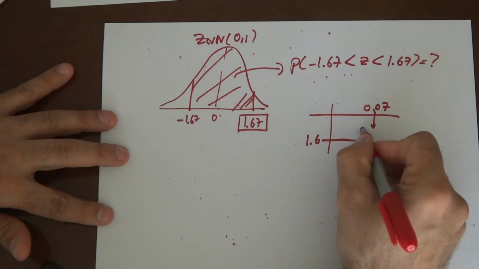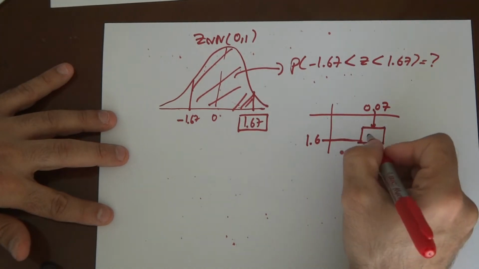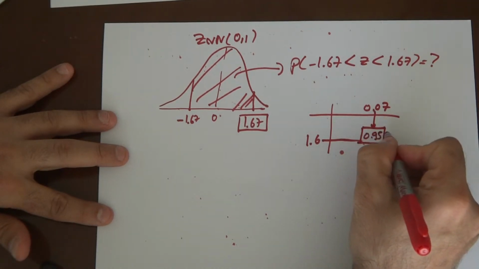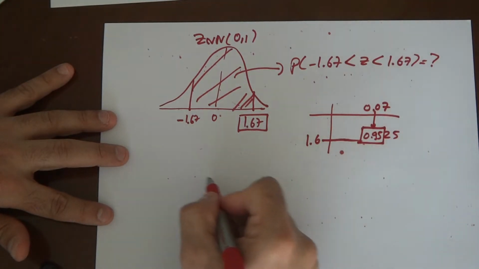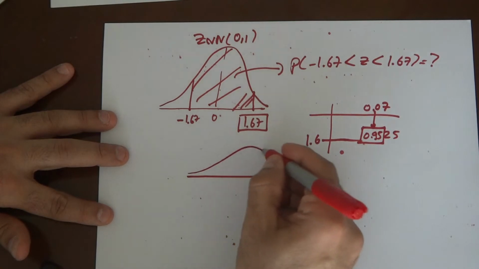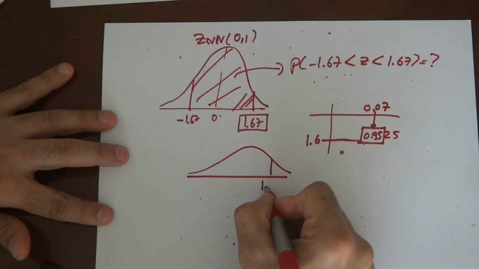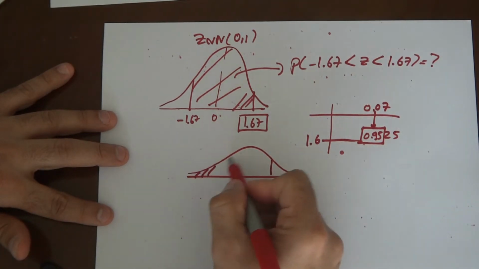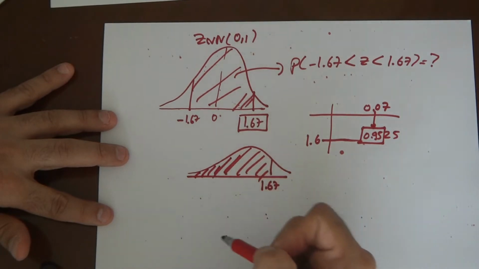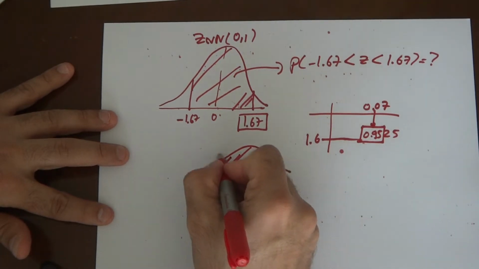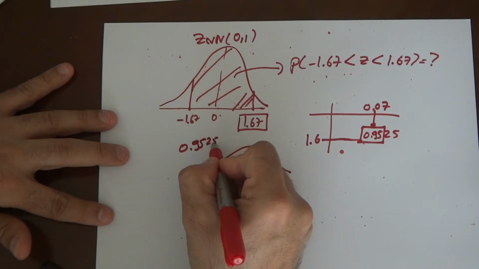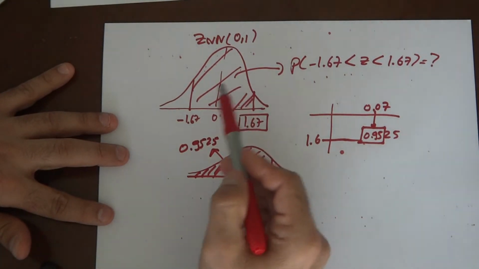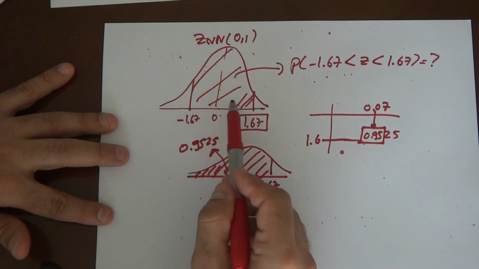You read the number here, which is 0.9525. This gives you the whole area up to 1.67. Is this the area that we are looking for?